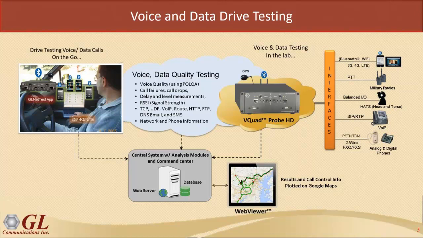So if you need to do truly portable testing, if you want to do voice quality testing where you're walking around, this product might not be ideal. That's why we've introduced the new product that we're about to show you. The density on the current product is higher as well: this VQuad can interface up to 12 different devices at any one time.